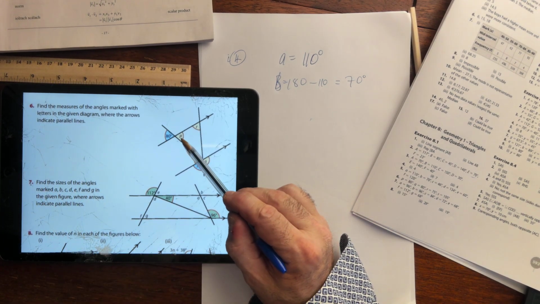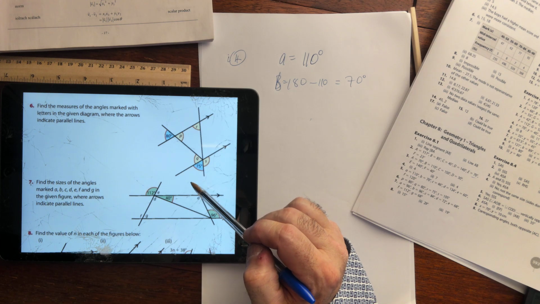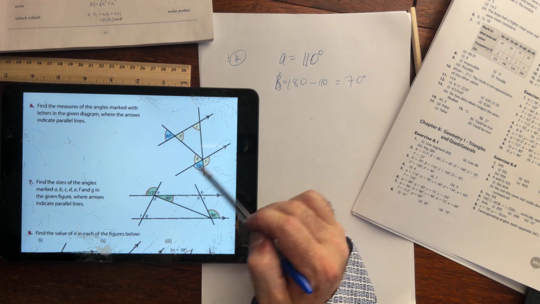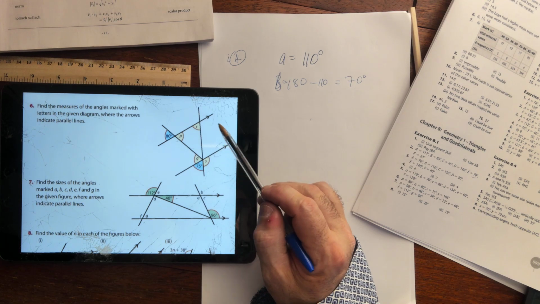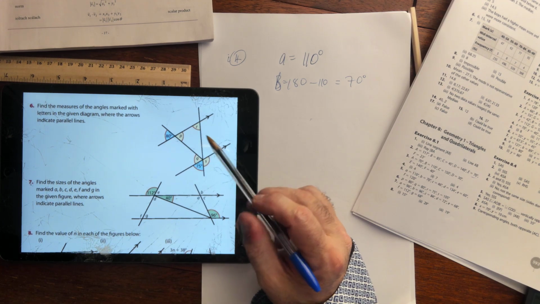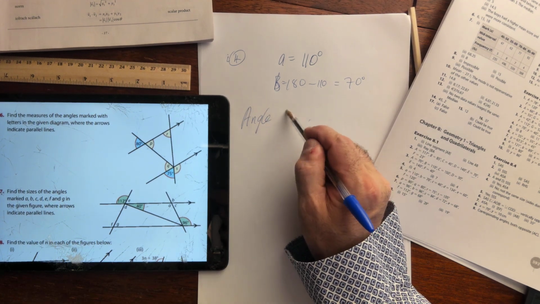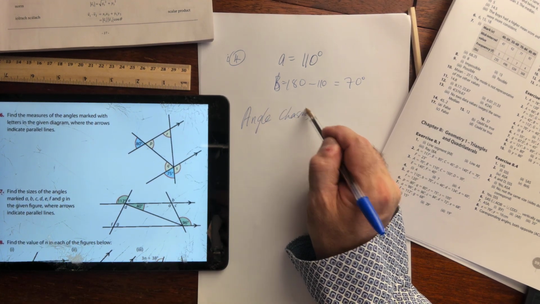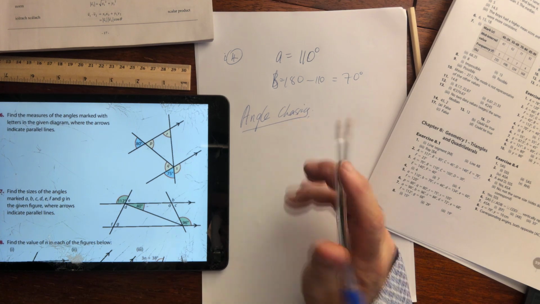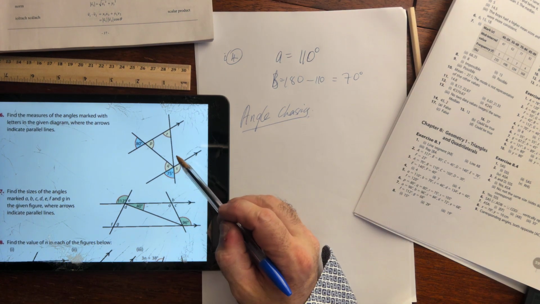So we start off with P, it's 80. From there, now we have these two parallel lines, so we have to identify that, and there's a lot of other stuff going on, so we have to be careful. This is our first of our angle chasing tasks, angle chasing. It's also a bit of problem solving where we carefully look at what we know.